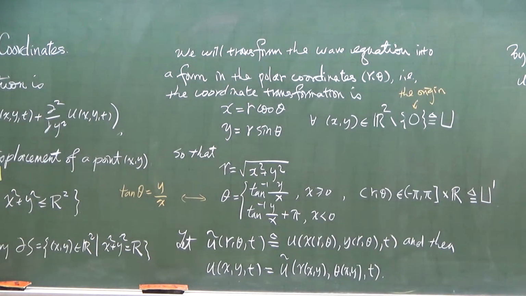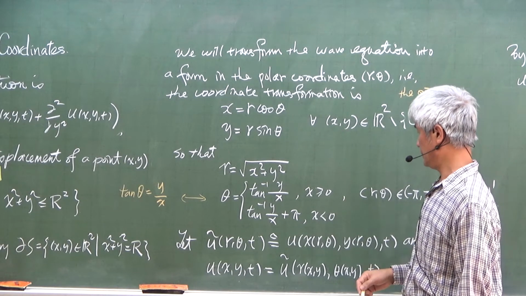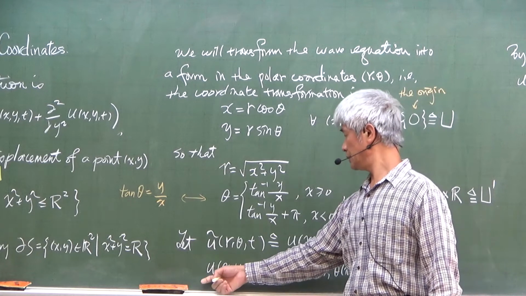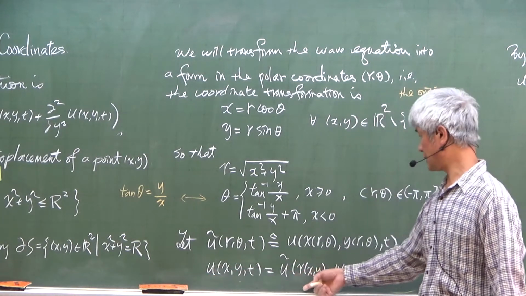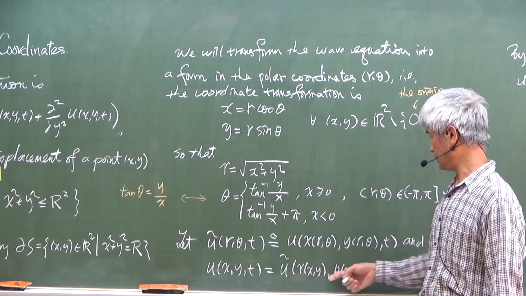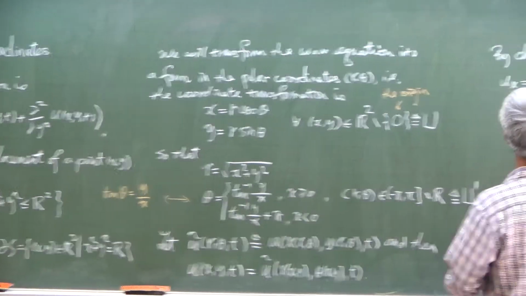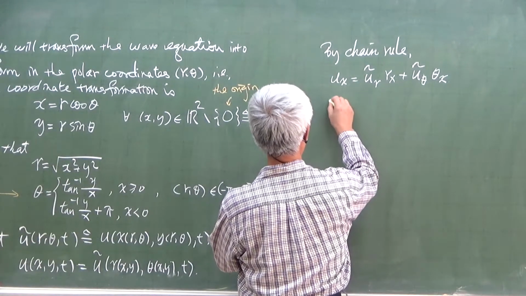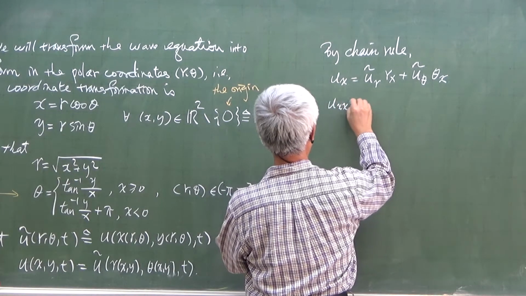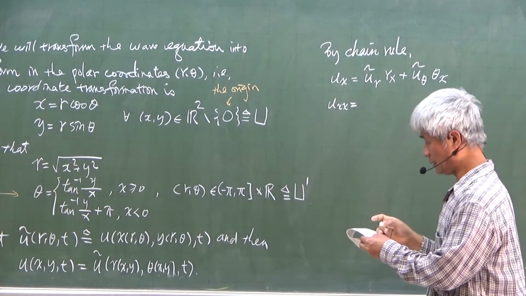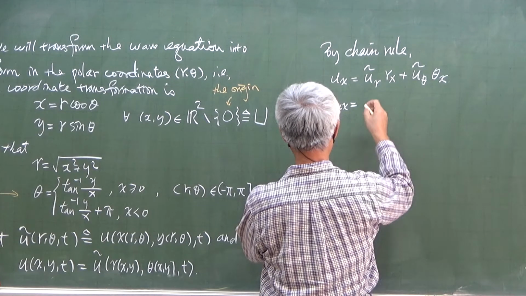It can be written this way because u is expressed as u tilde composite with everything here. And then u_xx, the second order partial derivative.